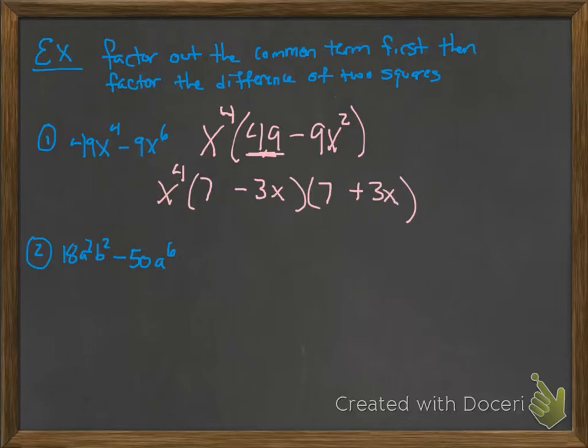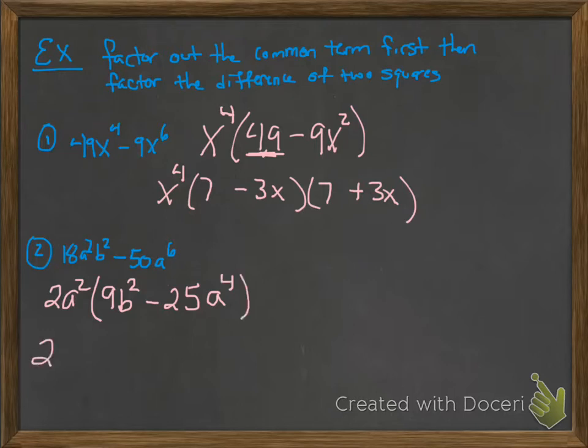So let's do this again. I can take out as much as, well, we'll take out a 2 and an a squared. So 2a squared, and on the inside we're left with 9b squared minus 25a to the 4th.